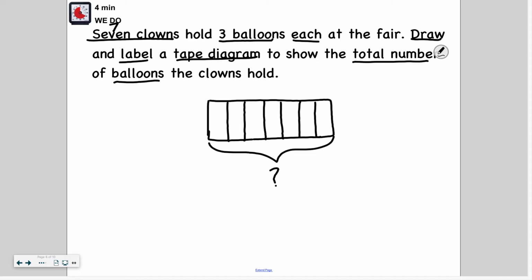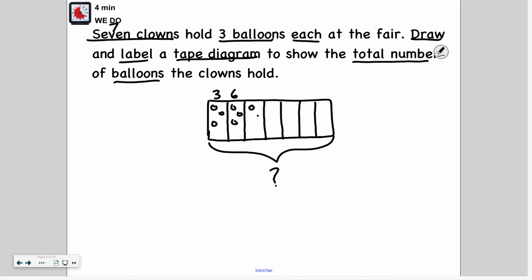And now what should we do with these balloons? We're going to fill in the 3 balloons for each clown. Let's skip count as we do this. 3 so far here, and then we added 3 more here, that's 6.